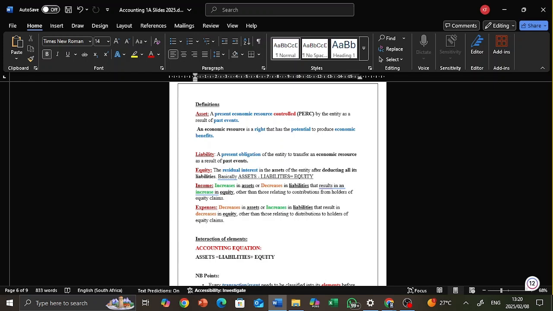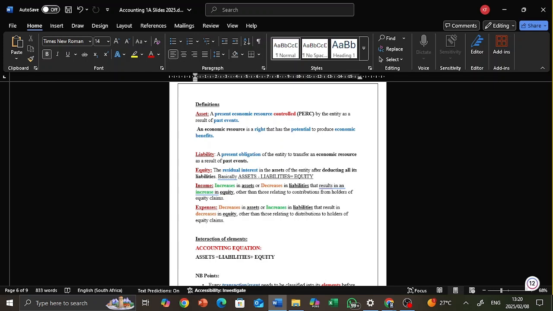So, there's also a definition of what a right is, and I'll be presenting those slides shortly, right? But for now, just know that an economic resource is a right that has the potential to produce economic benefit. Potential is also a key word because it may not be probable, right? It may not be probable that the asset actually produces economic benefit. You never know what could happen.